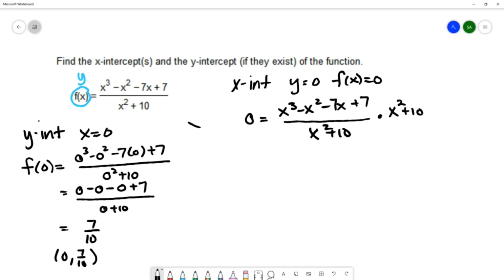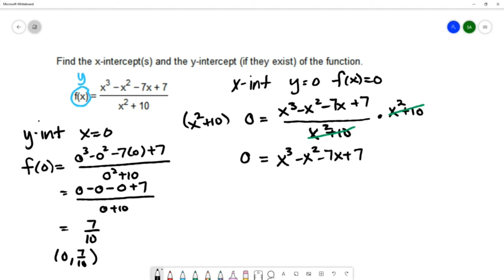Whatever you do to one side, you have to also do to the other. And that is going to cancel out the denominator on one side. And on the other side, because we have a 0, 0 times x squared plus 10 is 0. So the fraction goes away, and we have 0 equals x cubed minus x squared minus 7x plus 7. And we have this polynomial equation that we're going to solve.